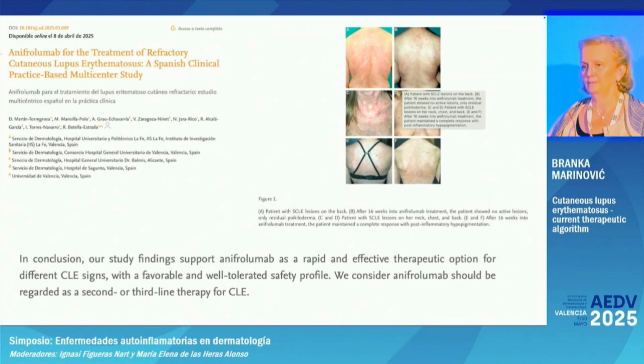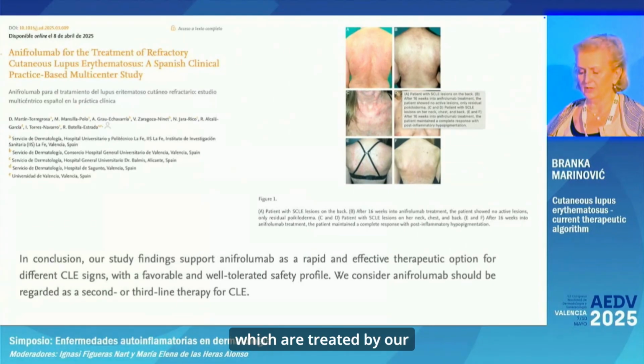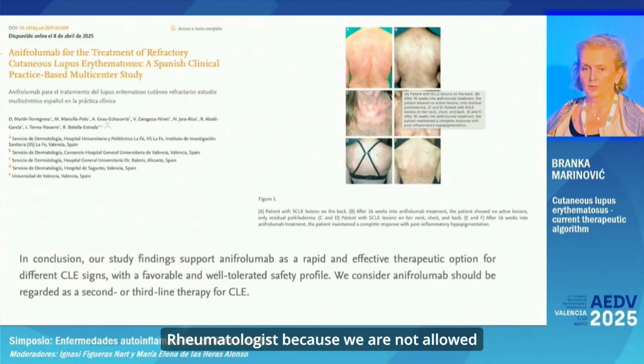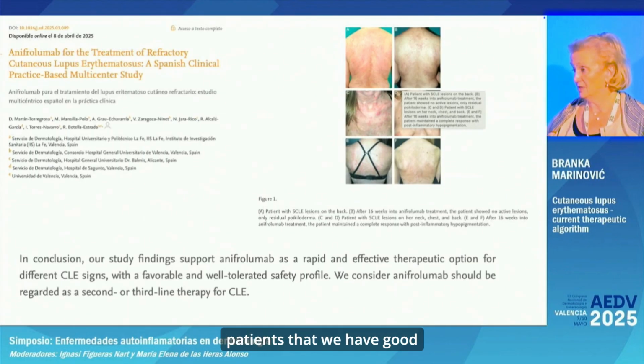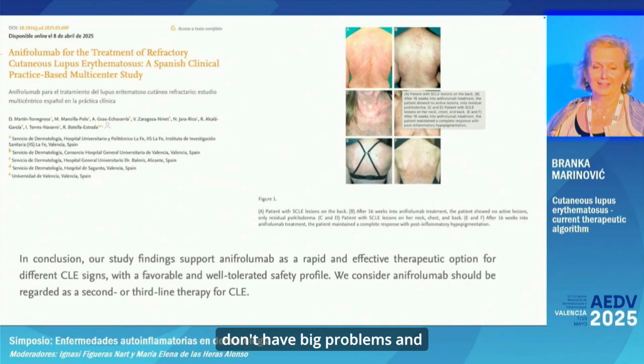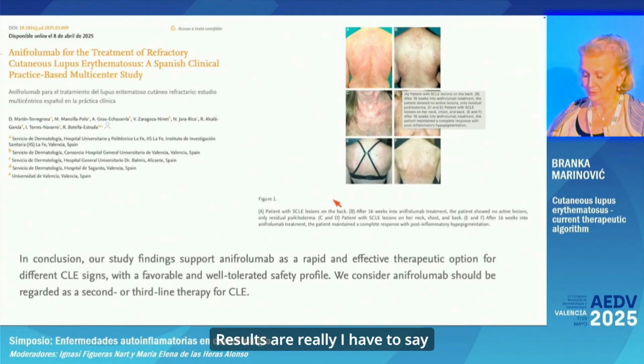I have 4 patients who are treated by our rheumatologists, because we are not allowed to prescribe the drug, but rheumatologists are prescribing it to the patients, and we have good relationships, so we don't have big problems. And the results are really, I have to say, impressive.